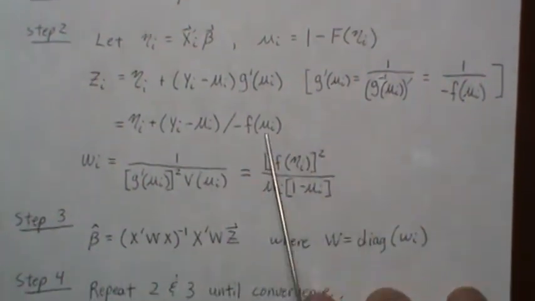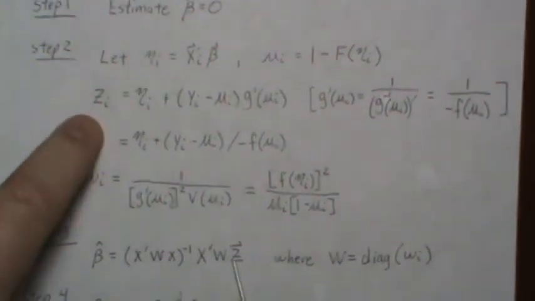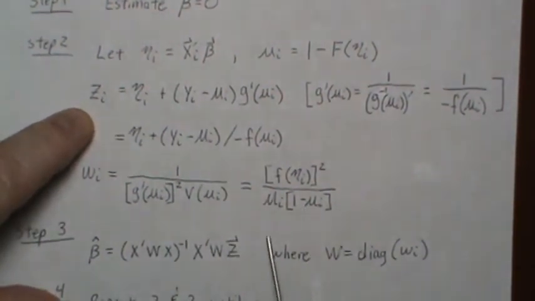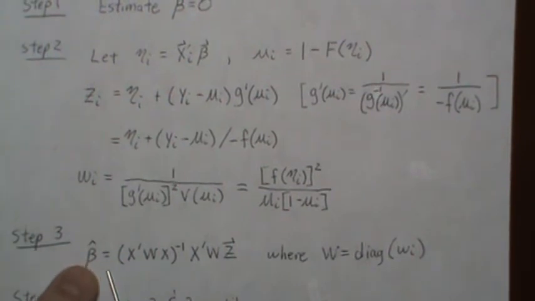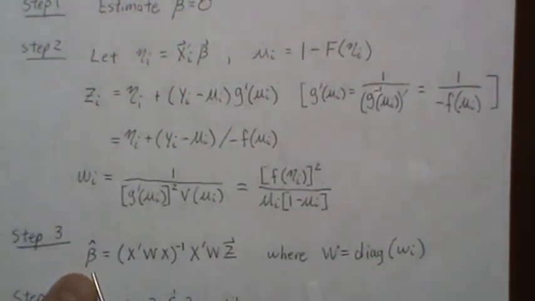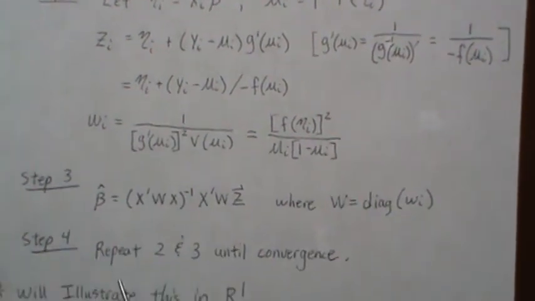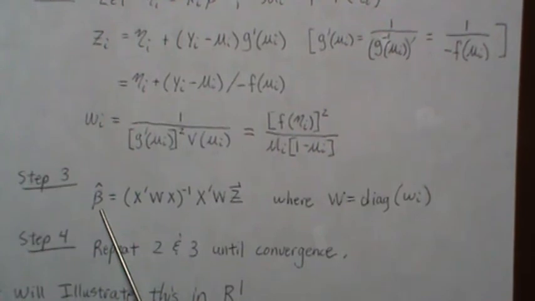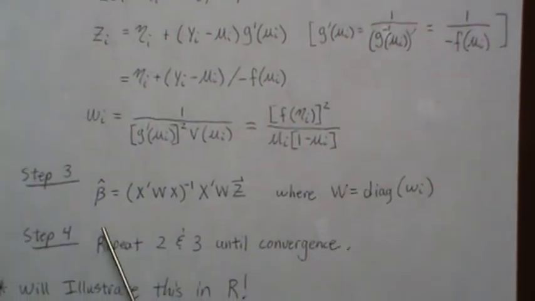Then all this we know, we just found z and we found w, which are the weights here, and we come up with an estimate of beta. And then we just start the whole process again, and we just keep repeating until convergence, until each estimate of the betas gets closer and closer to within some tolerance.